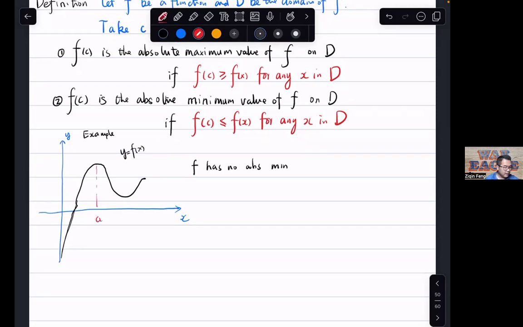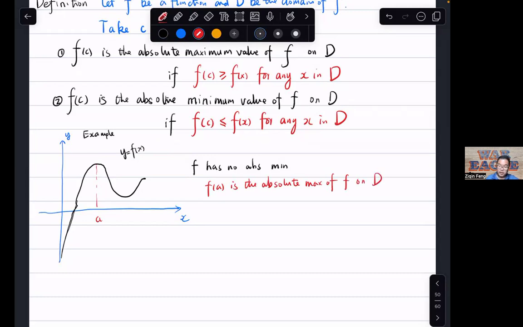Let's call that a. So f of a is the absolute maximum of f on D, and D is from 0 to some number, right?